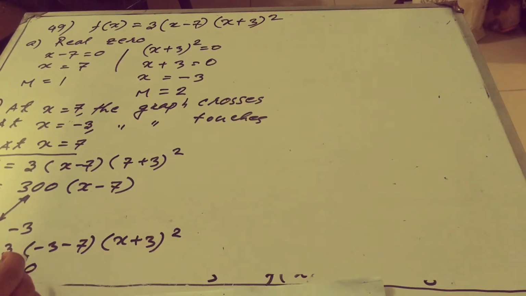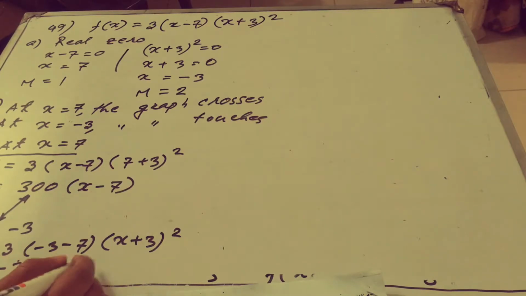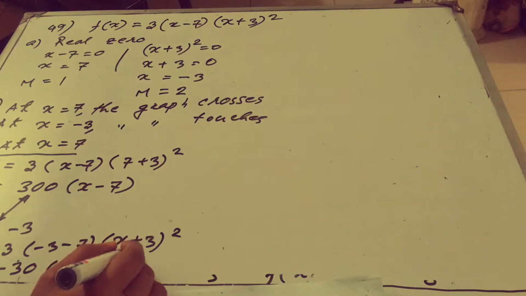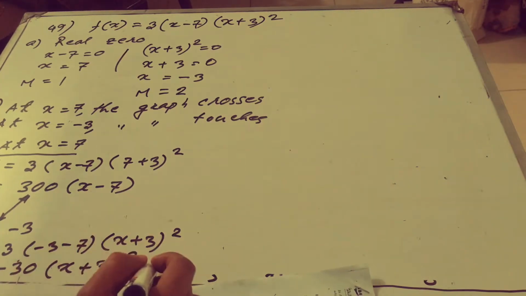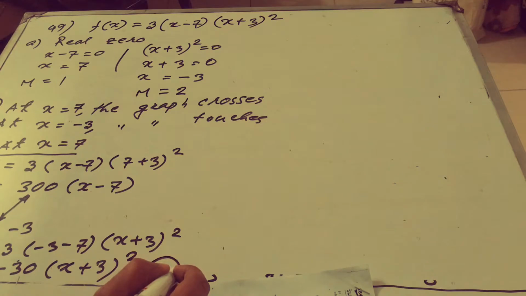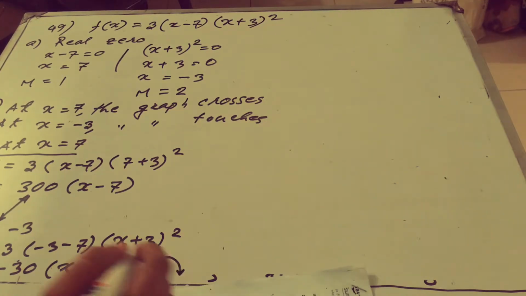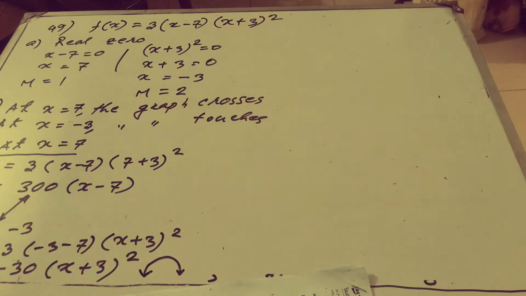So this is minus 30 times (x plus 3) whole squared. This is a parabola with a negative coefficient, which means it is a down-opening parabola. So this is the behavior at these two x-intercepts.